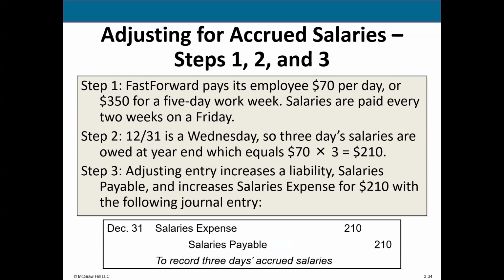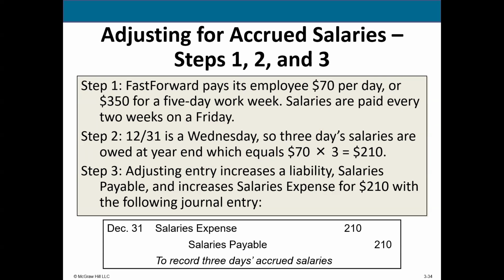So I need to record the 3 days that my employee worked for the month of December. The other 2 days were in January. Okay, so at the end of December, I need to make an adjusting journal entry. I need to debit salaries expense and credit wages payable for those 3 days to recognize the expense in the month that it was incurred.